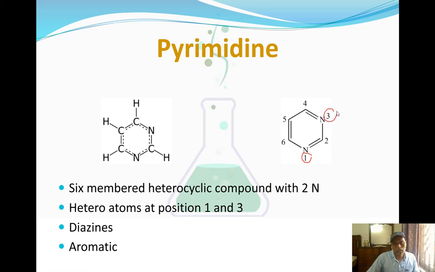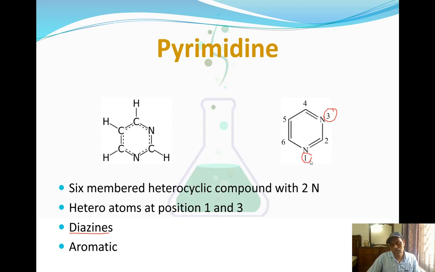Heterocyclic compounds containing two nitrogens, there are many of them. They are all called diazines. In this six-membered heterocyclic ring itself, there is one.